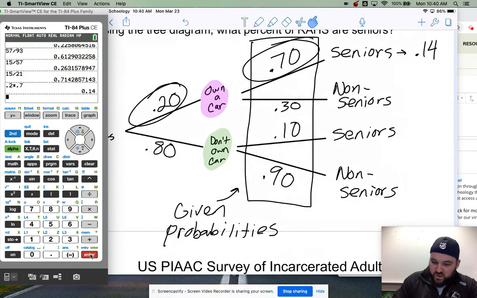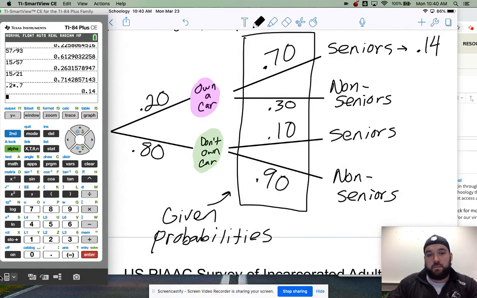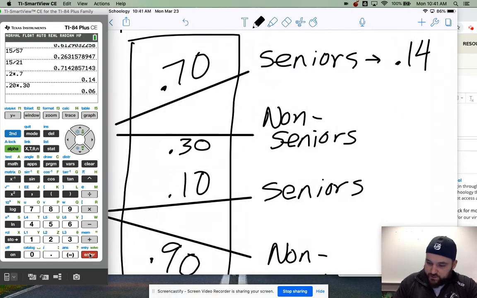Okay. So I can do the same thing for the next step. How many of everyone, how many people own a car and are not seniors? Well, I'm going to take 0.20 times 0.30, and that gives me 0.06. Okay.